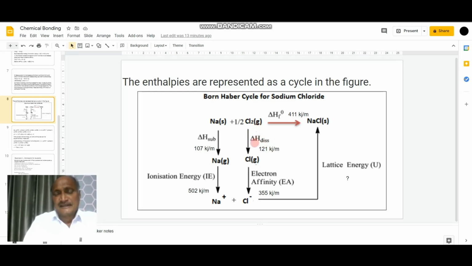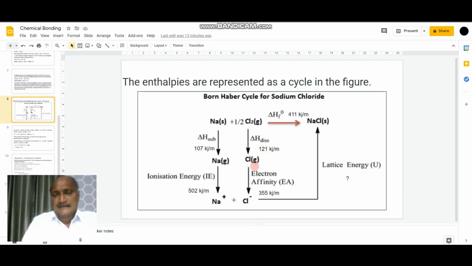While dissociating into two chlorine atoms, the amount of energy is 121 kilojoules per mole. Here, half of the Cl2 will be converted into a chlorine atom, or one molecule of chlorine will be converted into two chlorine atoms. So here, obviously, the dissociation energy will be 121.